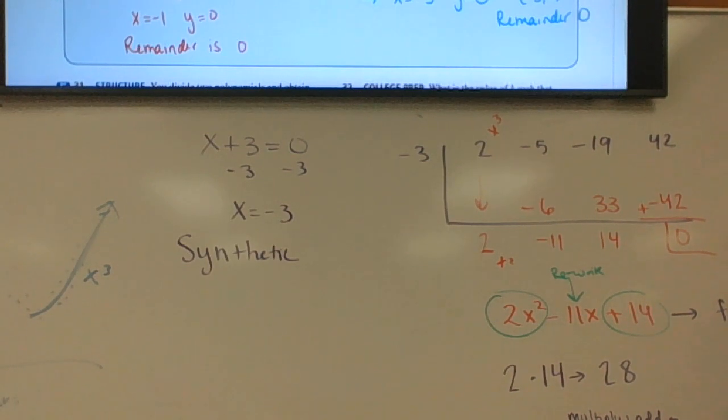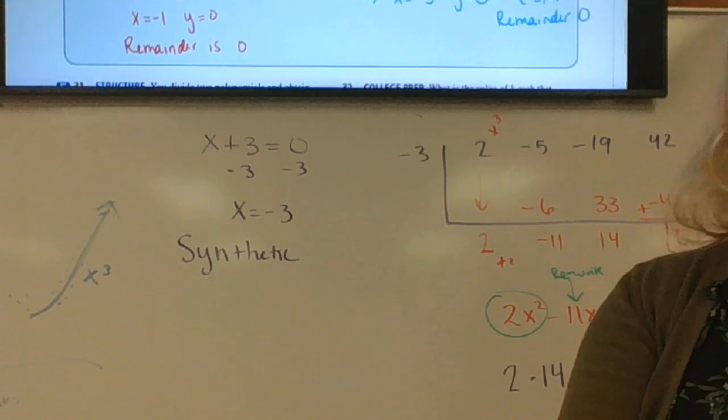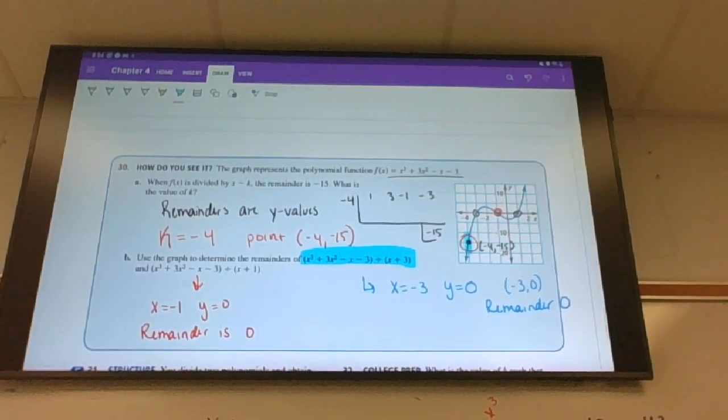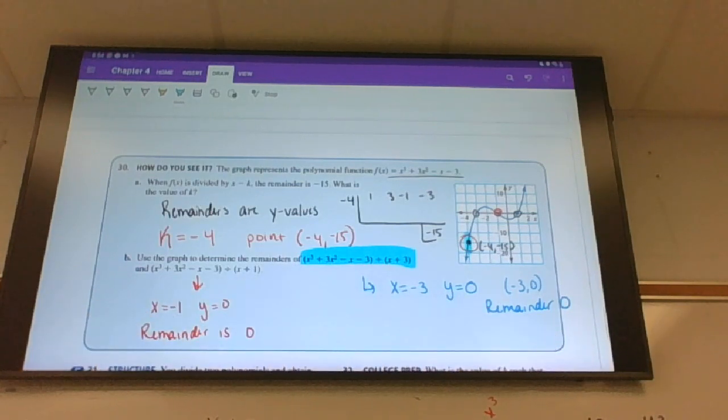You can't keep this because I just did a class set. But on quiz day, I will pass this out so you can match it with today's work. So the more you show your work on your paper, the more helpful it will be when you take the quiz after Thanksgiving. Try to be diligent about your work and matching it to this handout, because you're not going to remember.